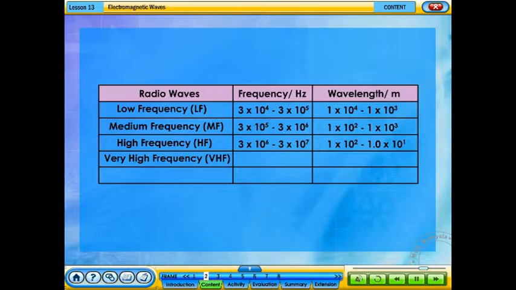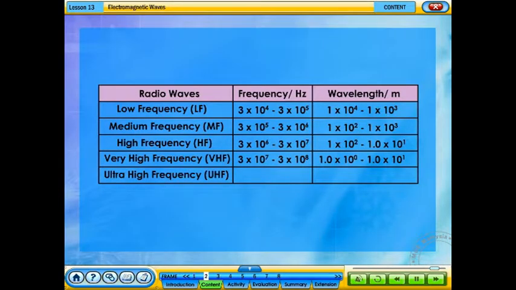The very high frequency, VHF frequencies range from 3 times 10^7 to 3 times 10^8 Hertz. The corresponding wavelengths for these frequencies are between 1 times 10^0 to 1 times 10^1 meter.